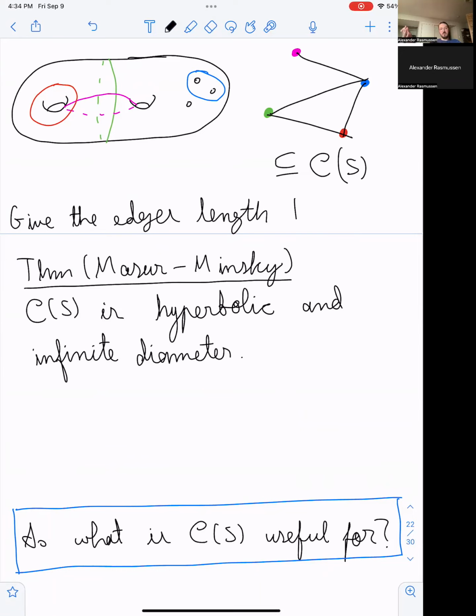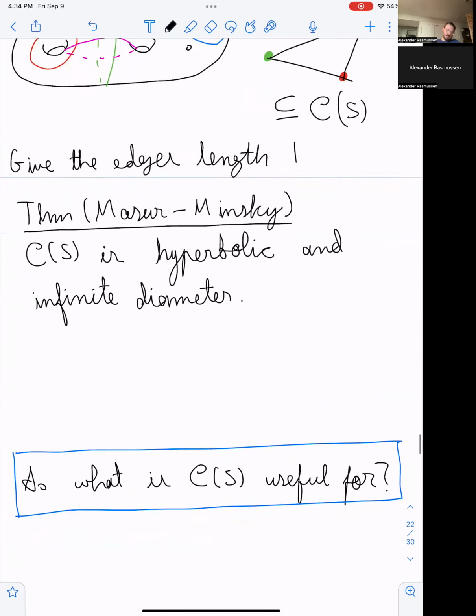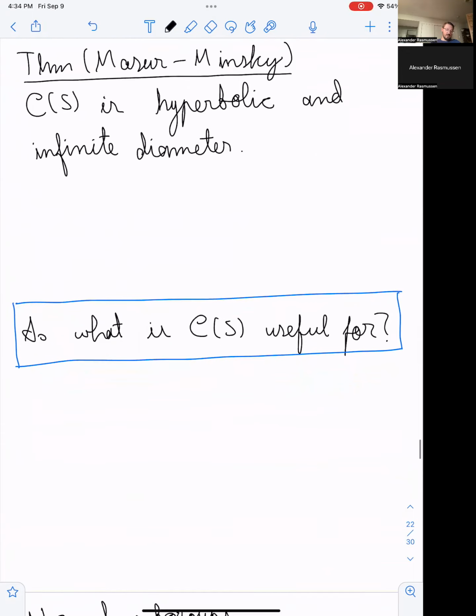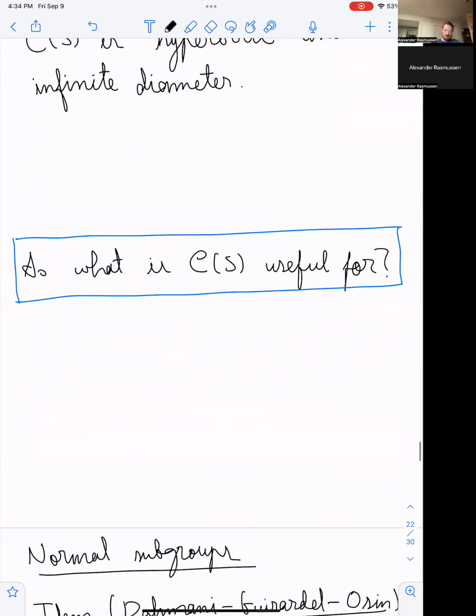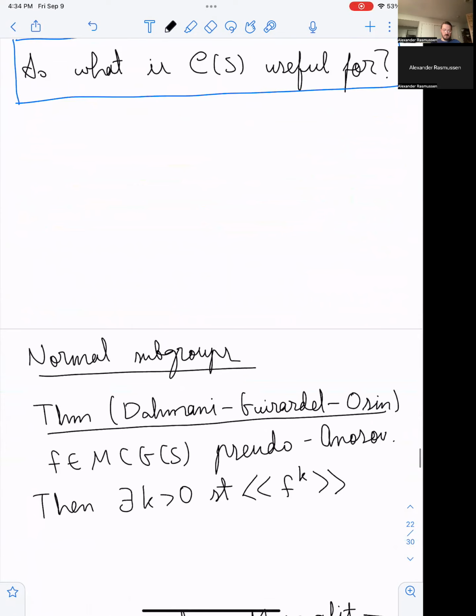So we have a hyperbolic metric space, but our group is not hyperbolic, and the action on it is not as nice as we would like. It's not properly discontinuous, for instance. So what is this graph actually useful for? Well, a ton of different stuff. So let me give a survey of some things you can use the curve graph for.